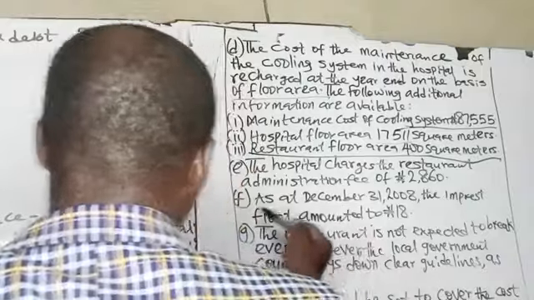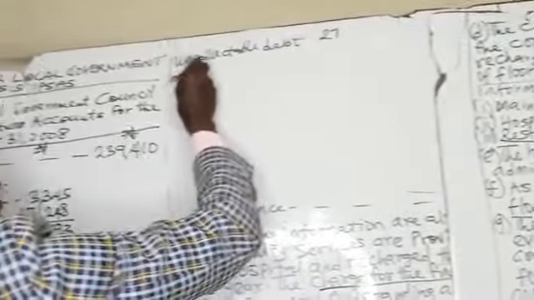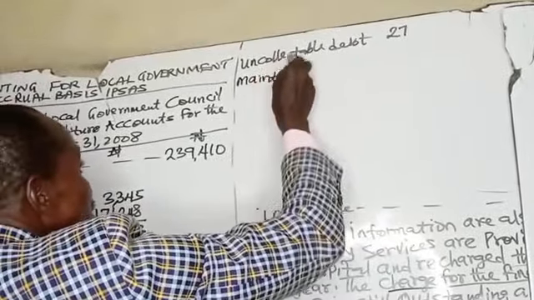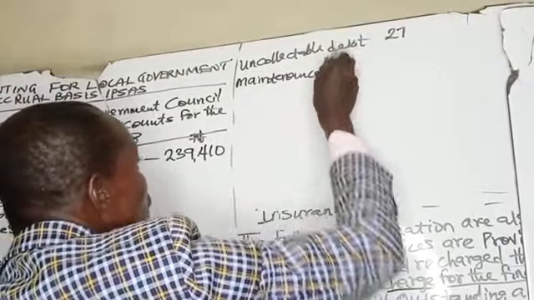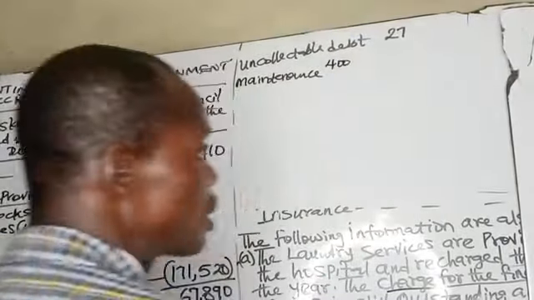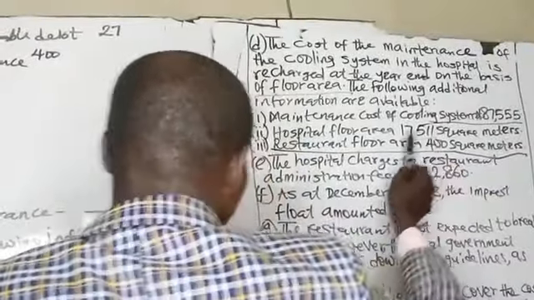So the cost of maintenance: the floor area for the restaurant is 400. For the whole hospital, the floor area is 17,511.